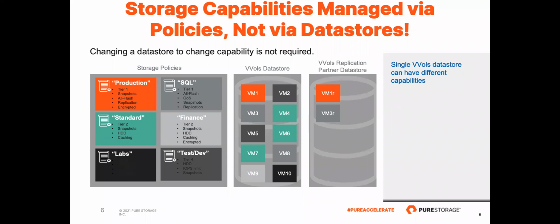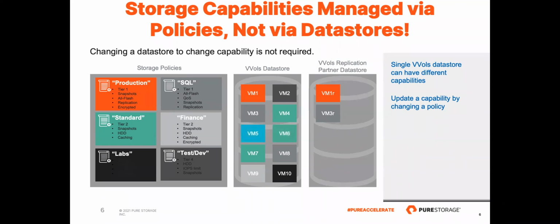So even things like replication and other performance capabilities that you would need are automatically available through the policy change. When the VM policy is changed to production, for example, the VM is automatically replicated, and whatever the production policy requires is automatically applied to the VM.